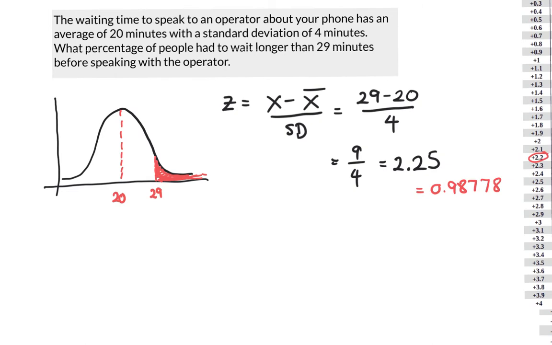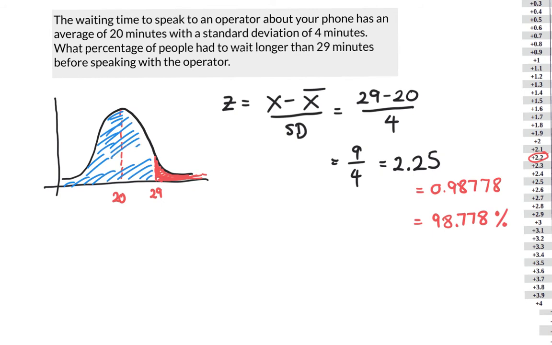So this equals 98.778%. That's the percentage we get from our z-score table. And don't forget, that percentage just refers to the bit to the left of our line here.